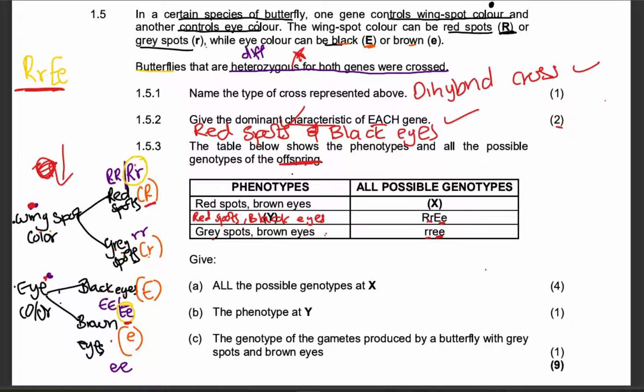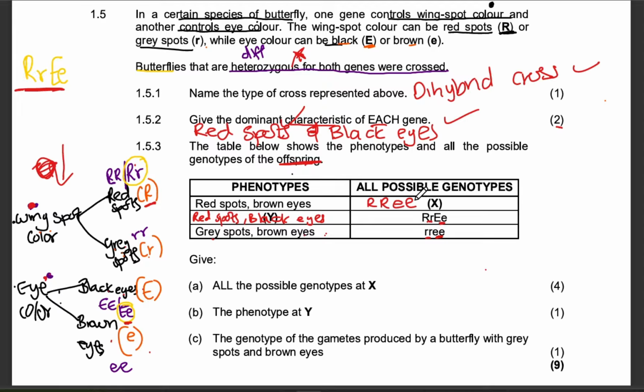Then for X, it's a genotype. So with the genotype, you use the letters. They've given you the phenotype, you need to find the genotype: red spots and brown eyes. For red spots, that will be capital letter R, and for brown eyes, small letter e, small letter e.